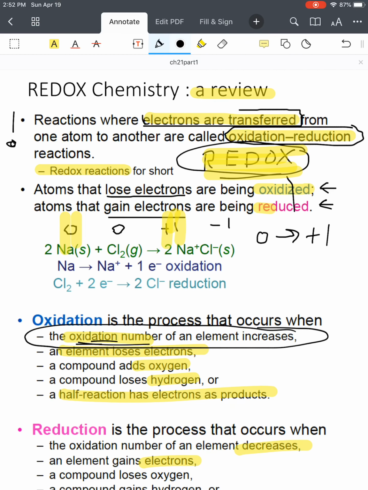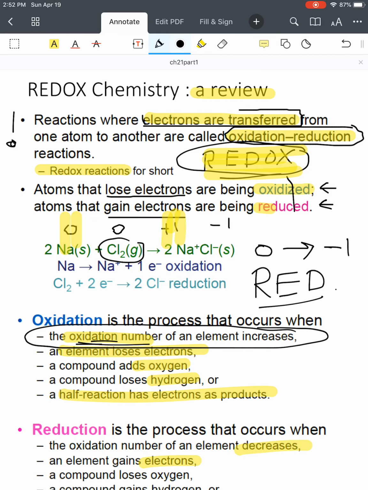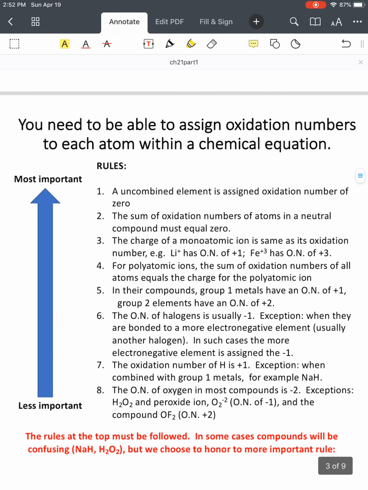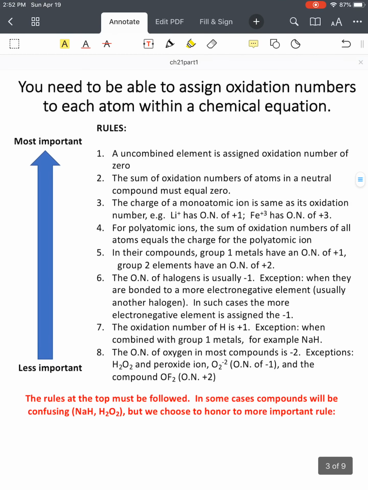All right, so we can also track oxidation numbers. And you probably remember that, okay? Now, because we can track these oxidation numbers, and they tell us something about how many electrons are gained or lost, I want to make sure that you all are familiar with assigning oxidation numbers. I want to review these rules one more time for how to do this.